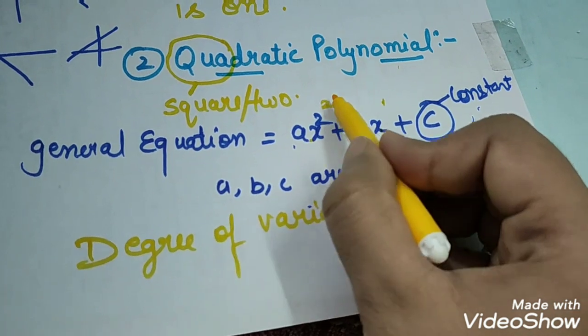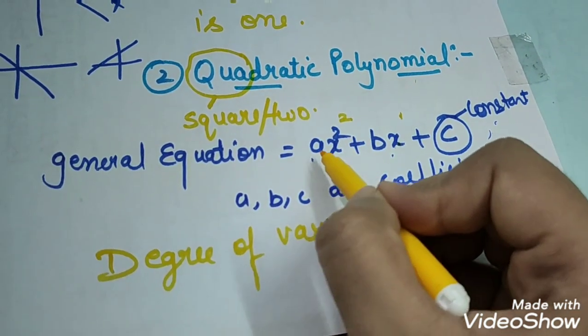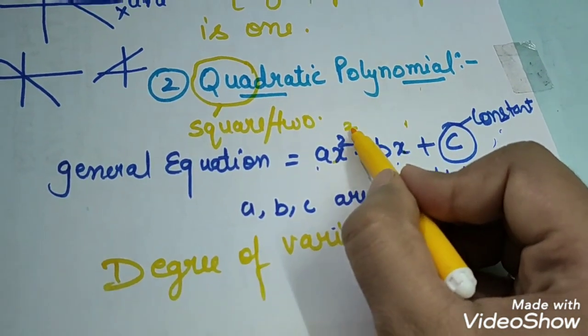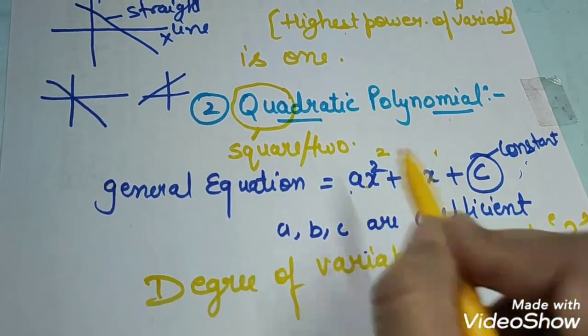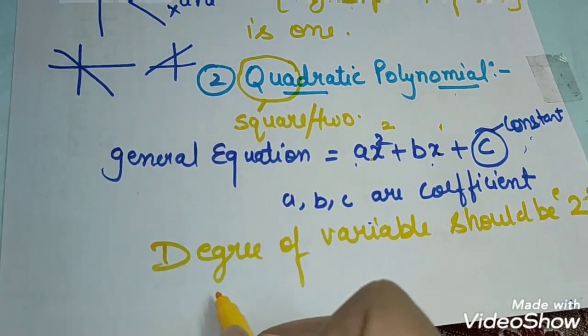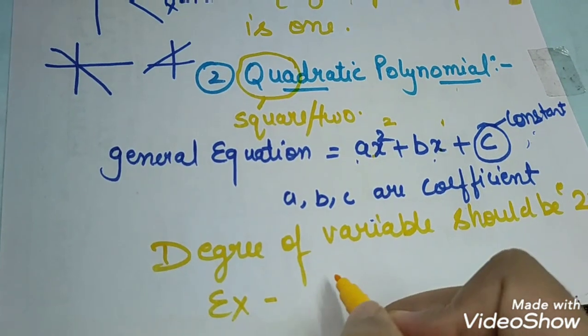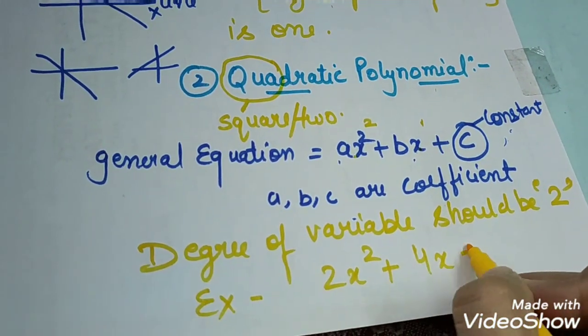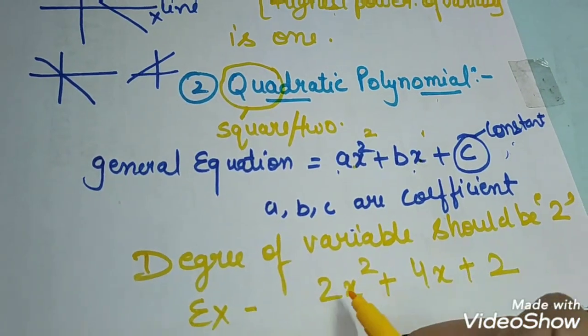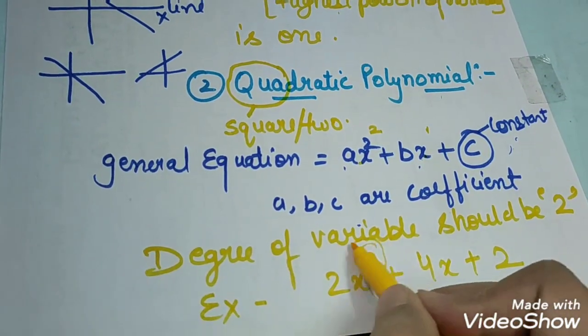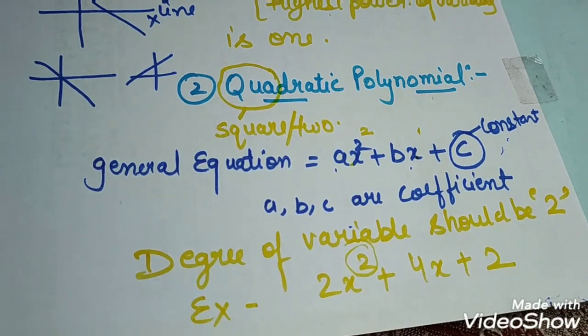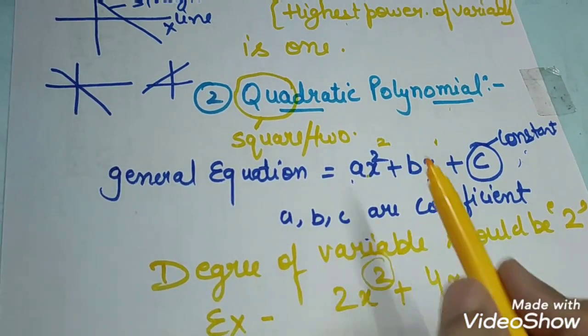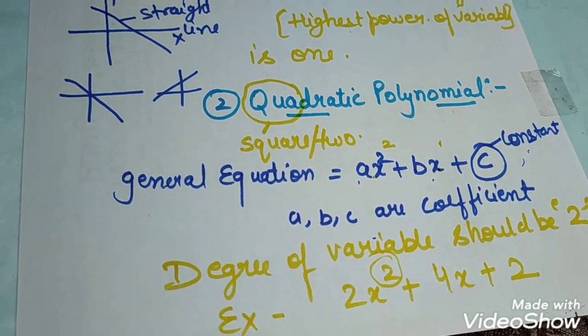So the highest power of this variable is 2, therefore it is a quadratic polynomial. For example, 2x square plus 4x plus 2. The highest power is 2, that is, the degree is 2, and therefore it is a quadratic polynomial.